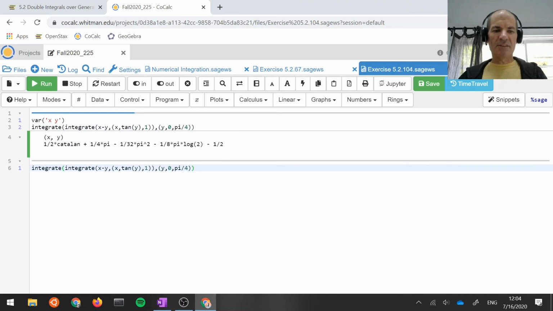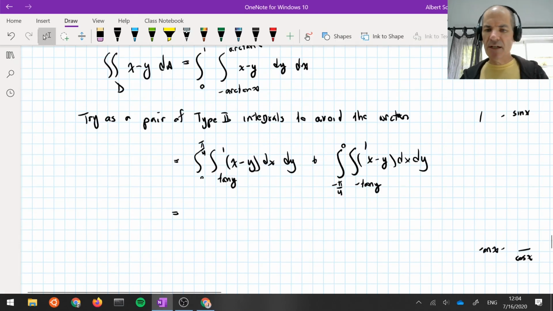My guess is this would work out nicely if we were doing it by hand, but at this point I'm just going to change the limits, so minus pi over 4 up to 0. I think that's all we need to change. Let's just double check.